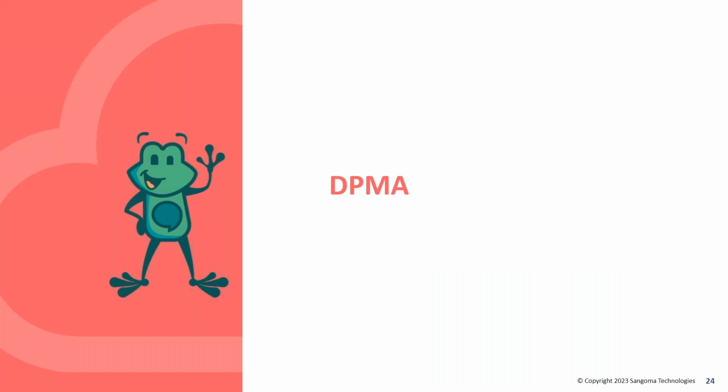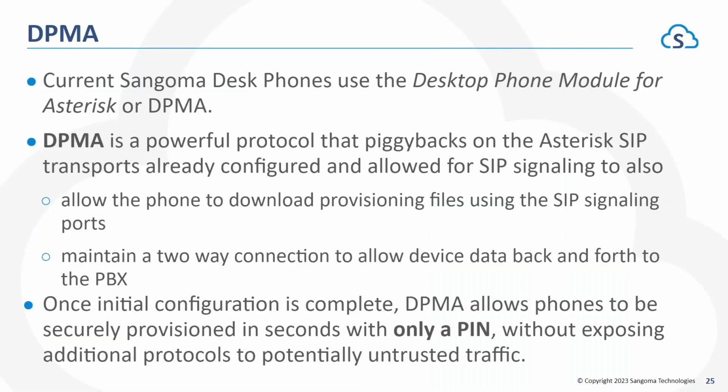Let's talk about DPMA. So all the current desktop Sangoma desk phones use the Desktop Phone Module for Asterisk, or DPMA. This is a powerful protocol that piggybacks the Asterisk SIP transports that are already defined on the system.